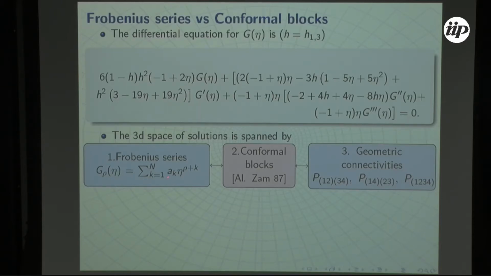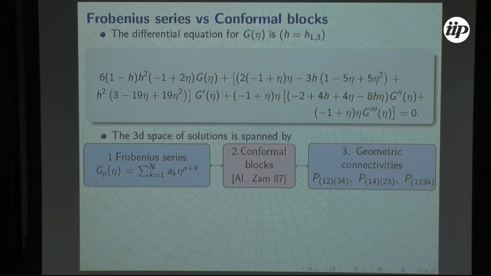So now the game is the following. On one side, we have a basis of geometrical objects, which are these linearly independent connectivities. On the other side, we have another basis, which is the basis of solutions of this differential equation.